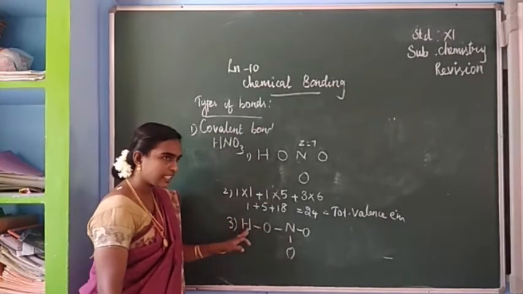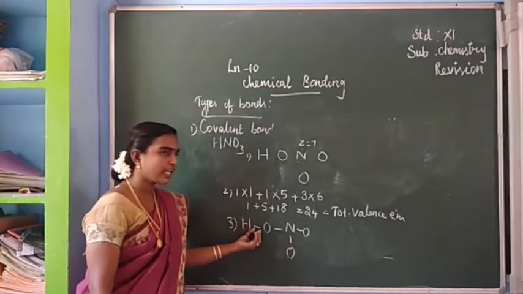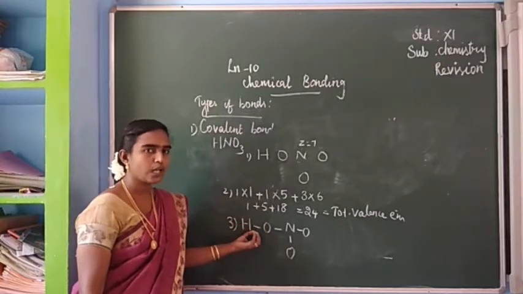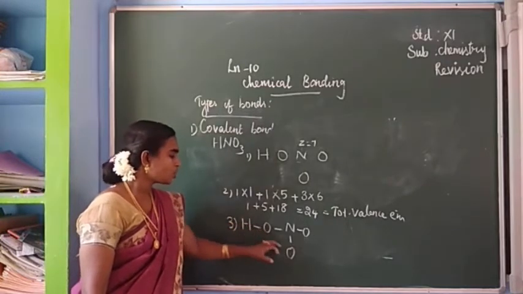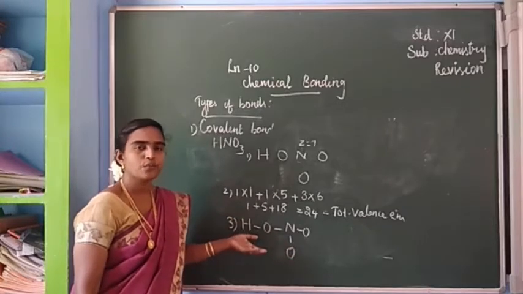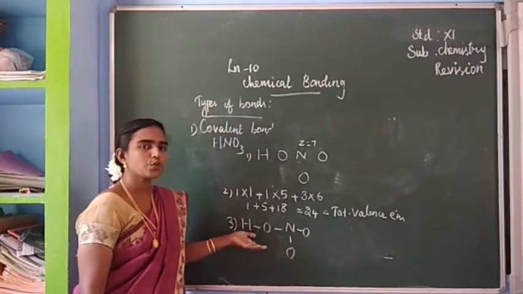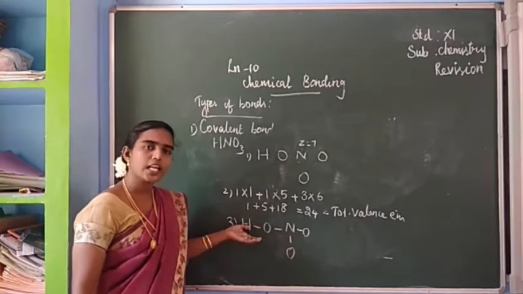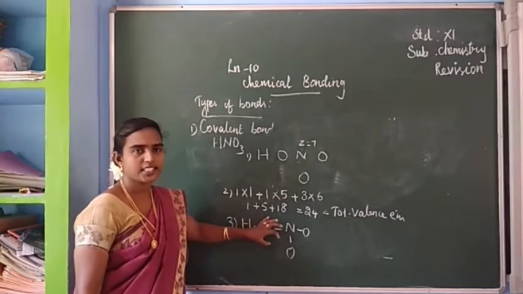First, for hydrogen it is a duet, as this bond carries 2 electrons. So around this hydrogen atom 2 electrons are there, that's over. Afterwards, we have to give preference to the most electronegative atom. In this structure, which is the most electronegative atom? Oxygen, isn't it?